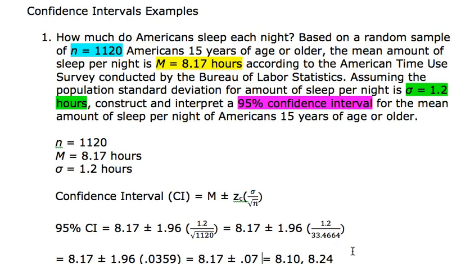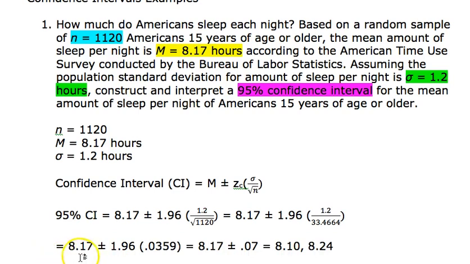Okay, so far so good? Hopefully. And then we simplify the fraction because we don't like to deal with fractions, or at least I don't. 8.17 plus or minus 1.96 times 0.0359, which is equal to 8.17 plus or minus 0.07. Now at this point I've rounded because it's just easier to do the addition and subtraction.